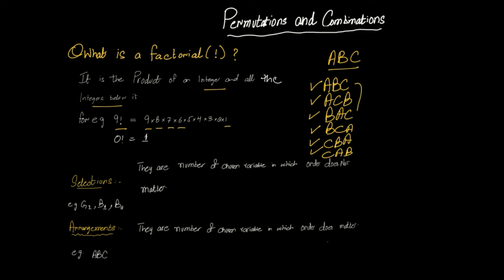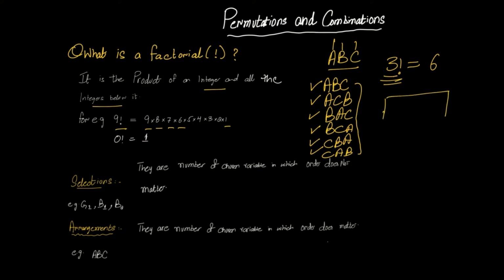But doing it this way, there's a chance that you miss one out. So an easier way is to use 3 factorial, which is also equal to 6. How does 3 factorial work? There are 3 variables.